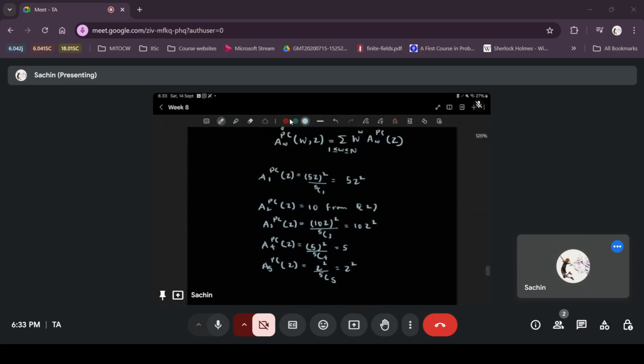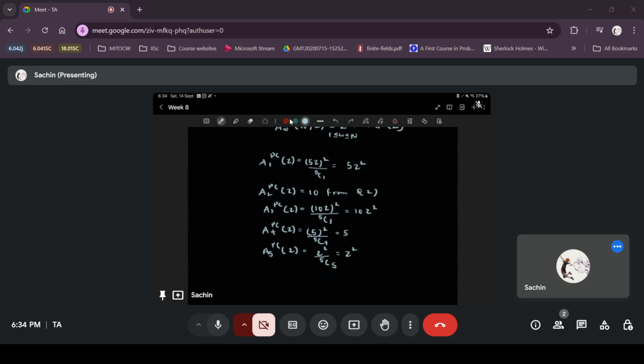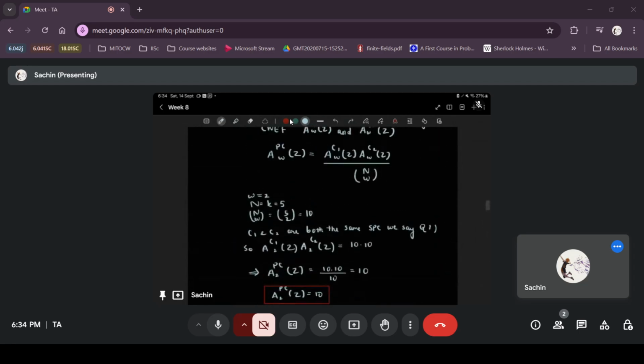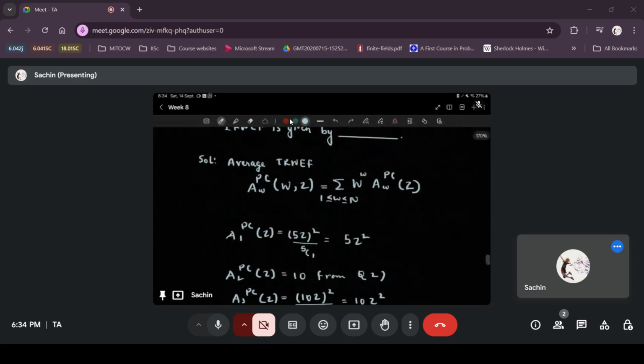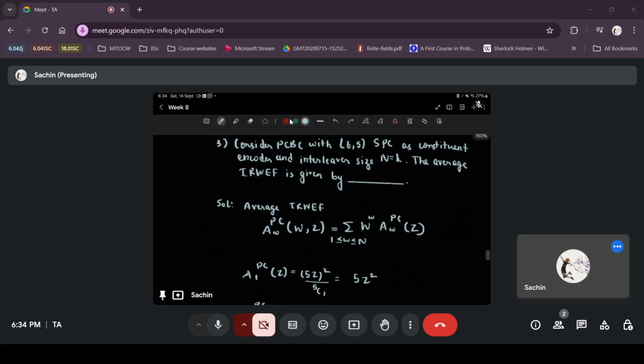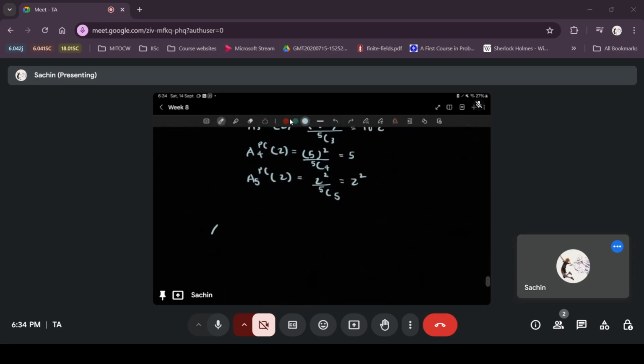We'll get AWPC of W comma Z is equal to 5WZ square plus 10W square plus 10W cube Z square plus 5W power 4 plus W power 5 Z square.